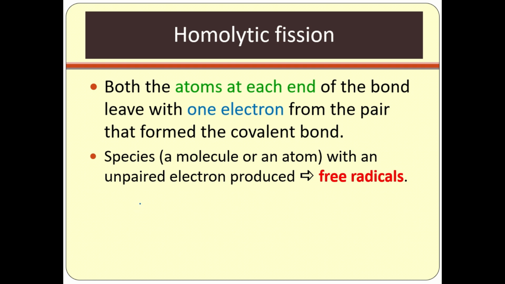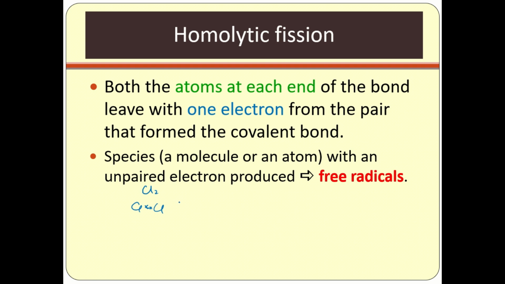For example, chlorine. A chlorine molecule, Cl2, consists of two chlorine atoms sharing a covalent bond between them. One covalent bond is two electrons. So let me show the two crosses to represent the two electrons between them.